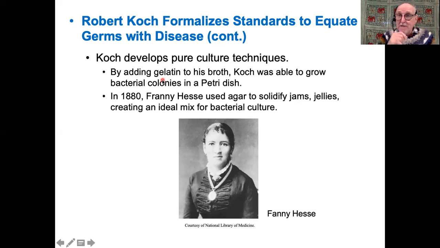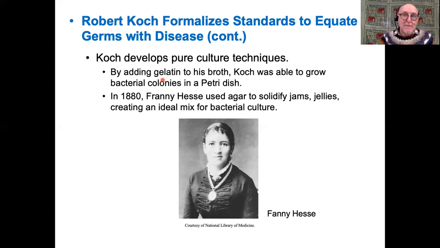Koch initially developed solid media by adding jello to his media. So a solid medium is just a liquid medium, a liquid nutrient broth, for example, that you add a solidifying material to. He added gelatin initially.